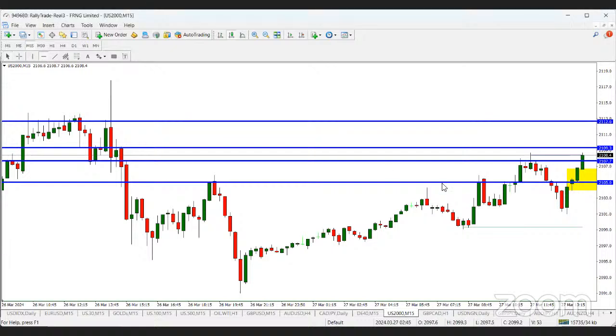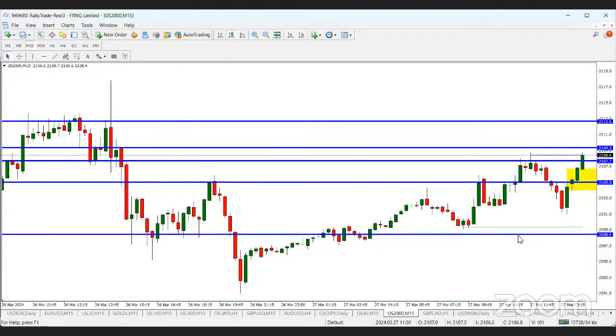Now, any talk of a sell on US 2000 will have to be below this particular point, below 2098. That's when I'll look out for a sell.